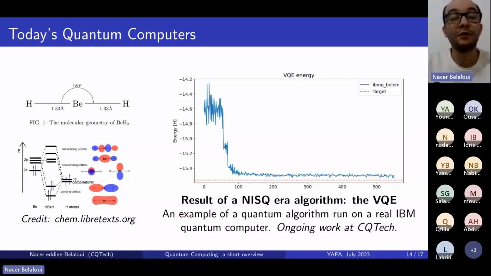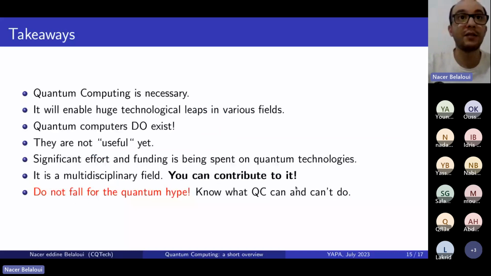Right. So I've given what I think is an overview of quantum computing, starting from qubits, what they are used for. We've seen some pictures of quantum computers, and we've seen this last slide, which shows an actual quantum computation made on a real quantum computer.